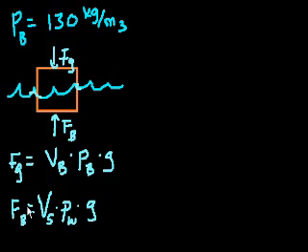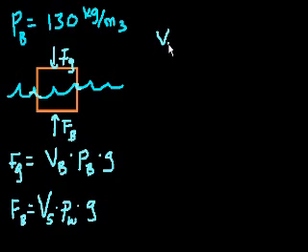So remember, the buoyant force is just equal to the weight of the water displaced, and that's just the volume of the water displaced times the density of water times gravity. And of course, the volume of the water displaced is the exact same thing as the volume of the block that's actually submerged. And since the block is stationary, it's not accelerating upwards or downwards, we know that these two quantities must equal each other.